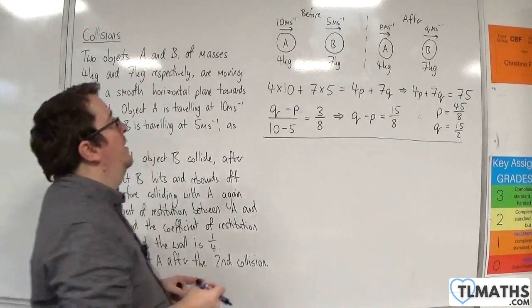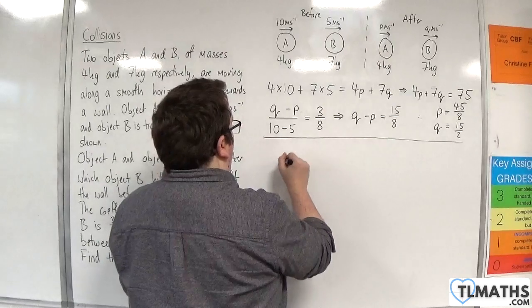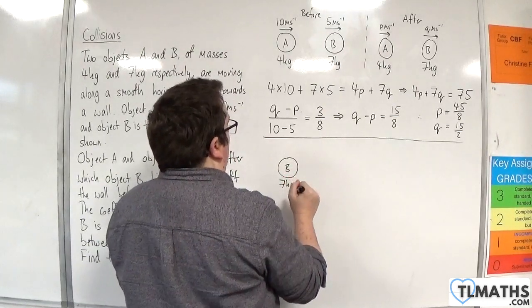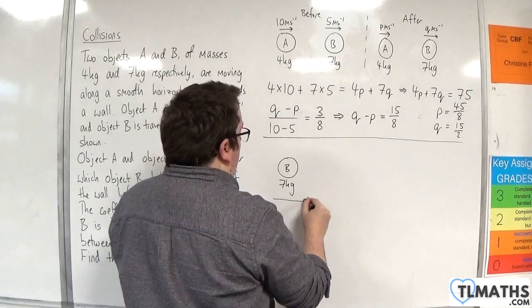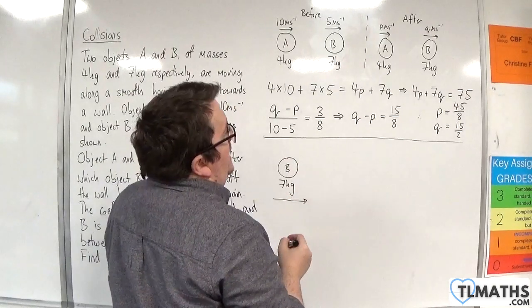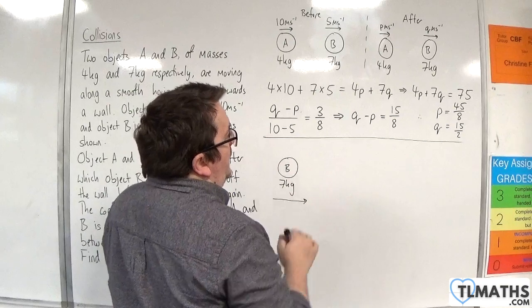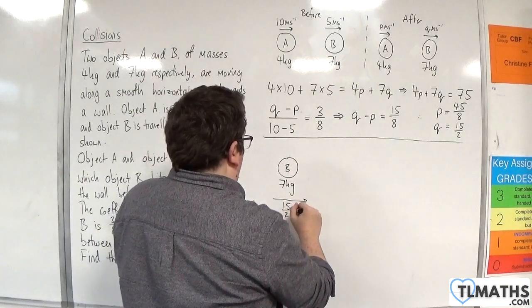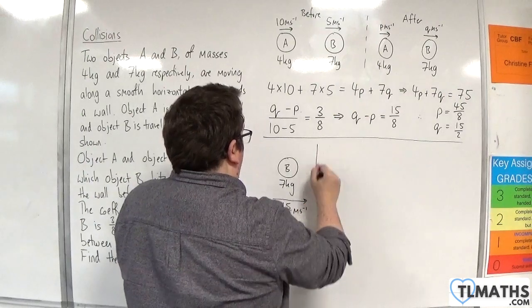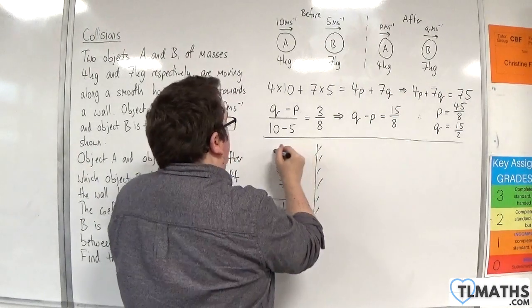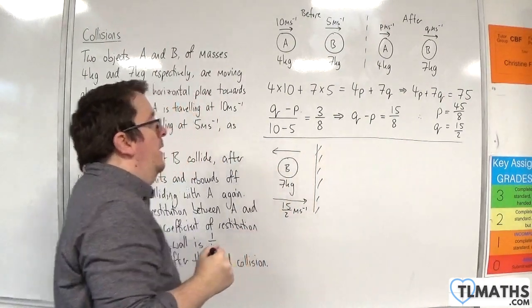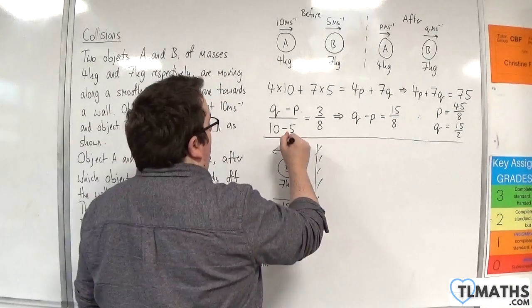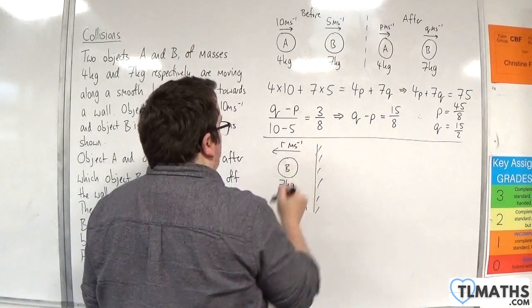So, next stage. A and B have collided. So now we're going to consider particle B hitting the wall. So it's going to hit the wall with a speed of 15/2 meters per second. So here's the wall. And then it's going to rebound, and this is what I need to find. It's going to rebound with the speed of, let's say, r meters per second.